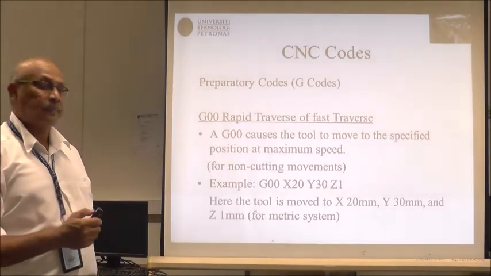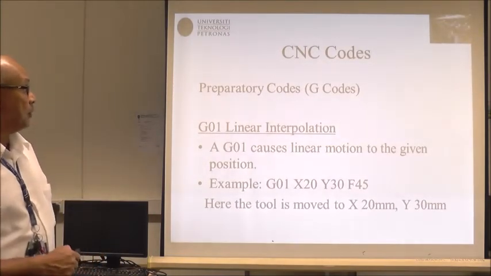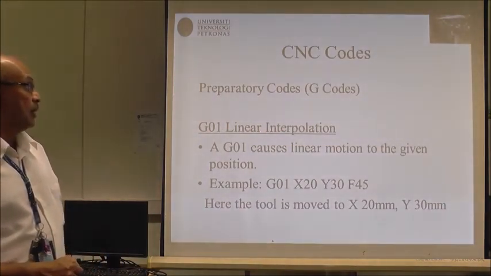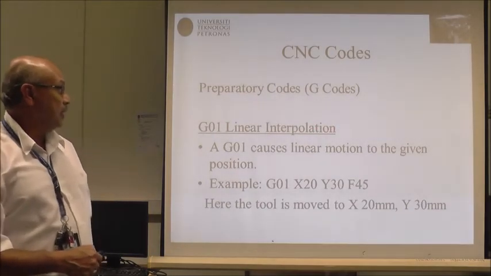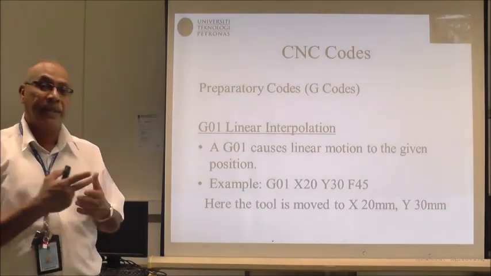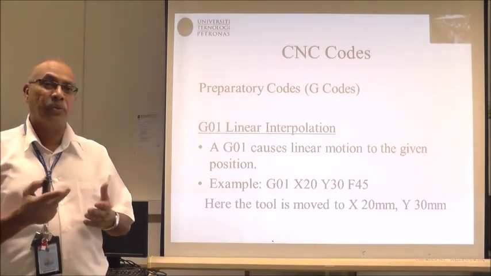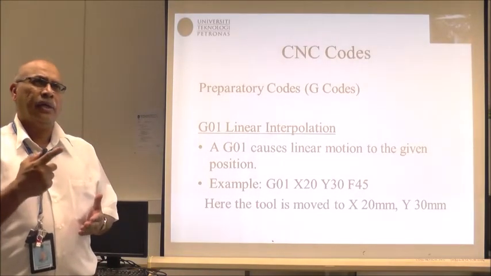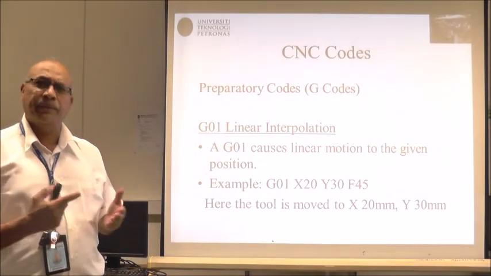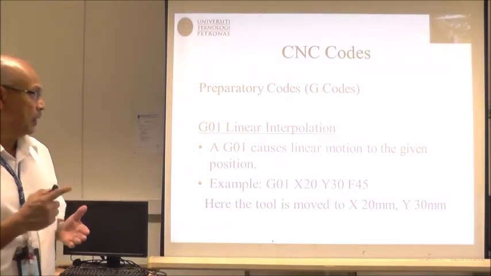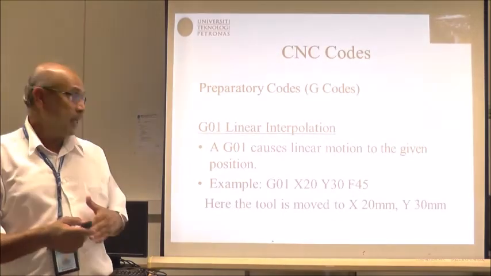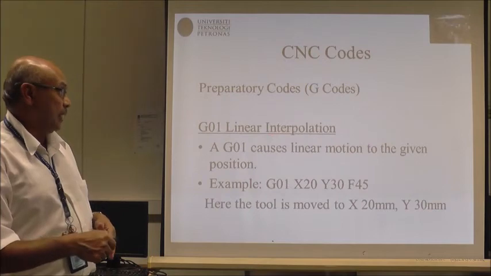Next slide. And G01 is for linear interpolation, meaning we are going in a straight line following the maths rule y equals mx plus c. You learned that in maths. So this will give you a straight line.